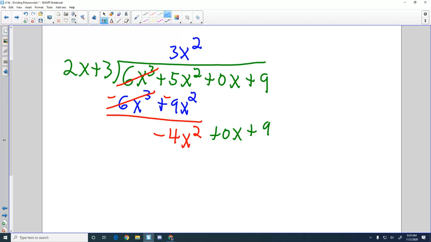To make a 2x into a negative 4x squared, we need to multiply it by a negative 2x. Distribute that out to each term of the divisor, and we get negative 4x squared and a negative 6x.